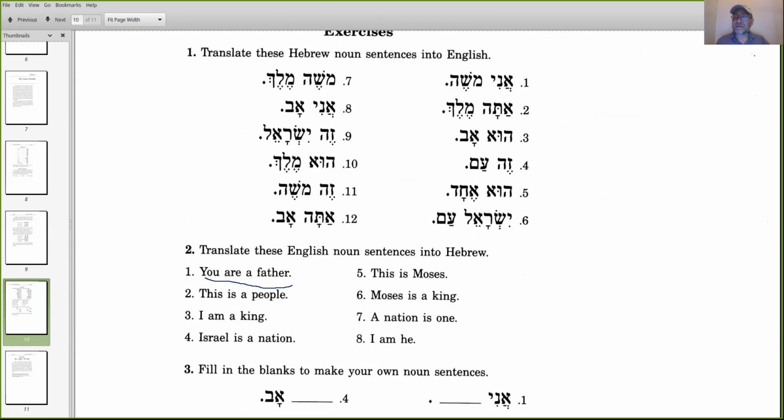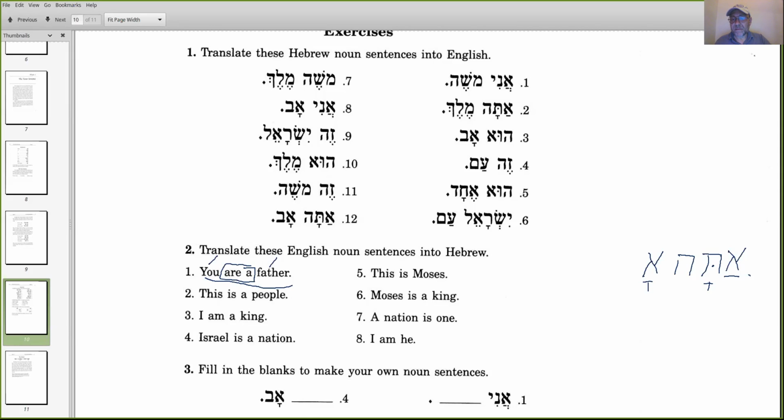So we know that the Hebrew word for you is atah, masculine singular, and remember, these are just the add-ins, so we don't have to worry about writing that in Hebrew. But the word father is av. So we would start out with the word atah, which would have an aleph, a patach, a tav, give it a foot, with a kametz, and a hey, atah, and then the word av.